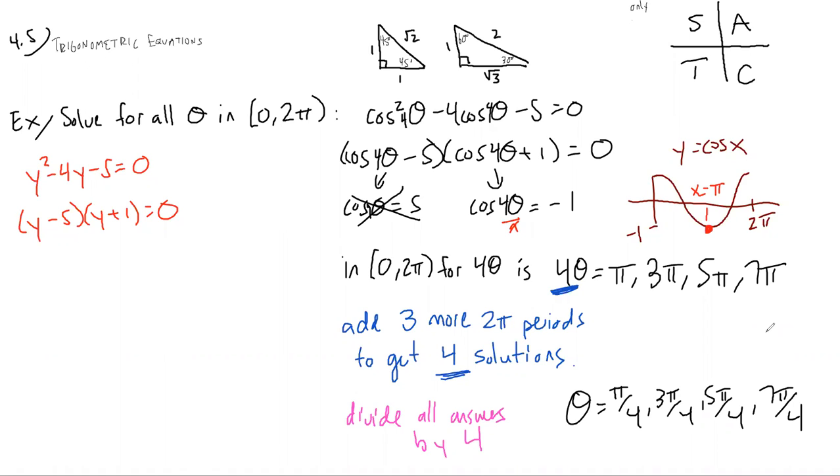If we added another answer, we'd have 9 pi over 4, which is outside of the region that we want. So we want exactly 4 answers corresponding to every solution that you find. So basically, when you solve for the 4 theta, you're going to have 4 solutions for every solution in the circle that you can find.